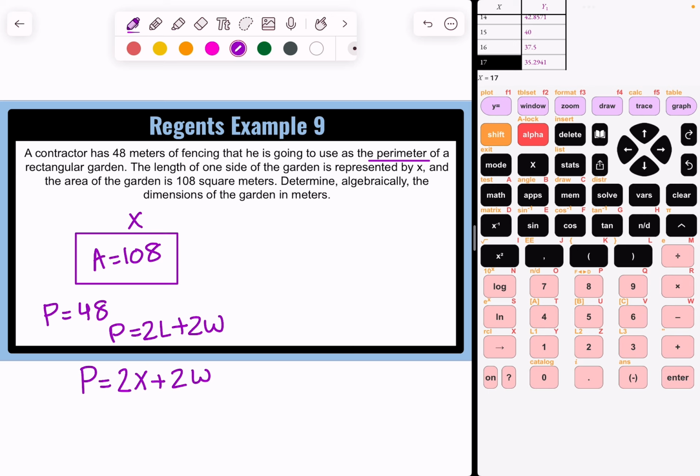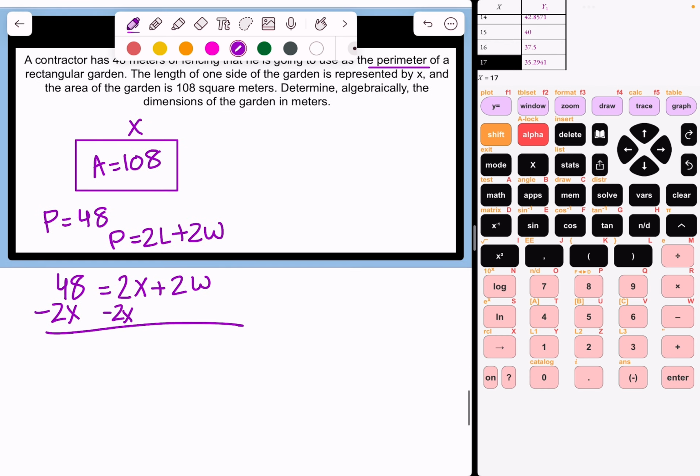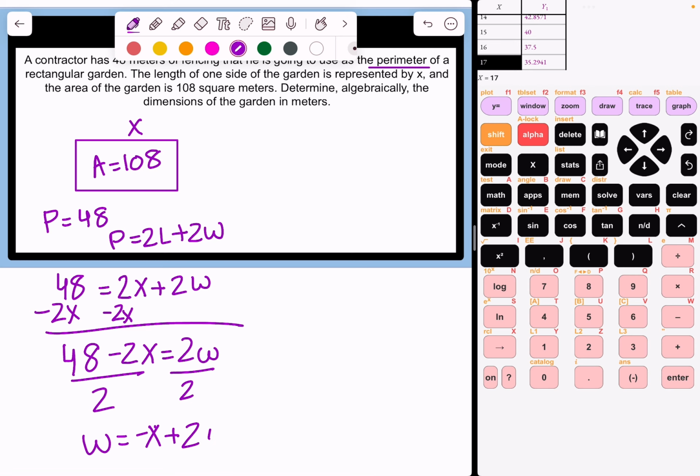So this is our perimeter. They told us it was 48. Let's subtract the 2x. We get 48 minus 2x equals 2W. Divide by 2. W equals negative x plus 24.